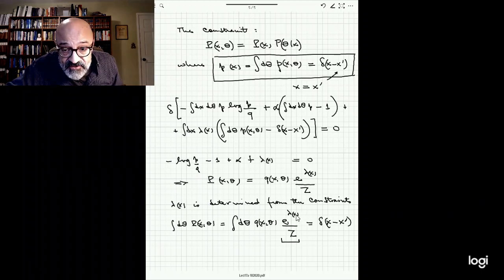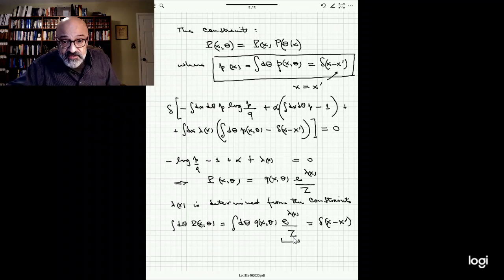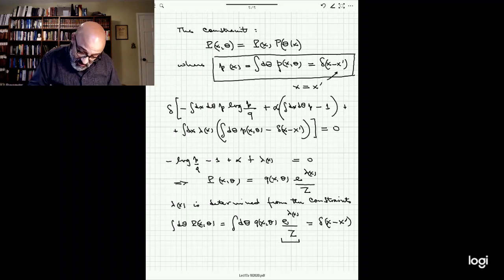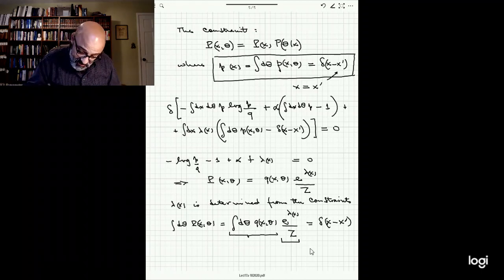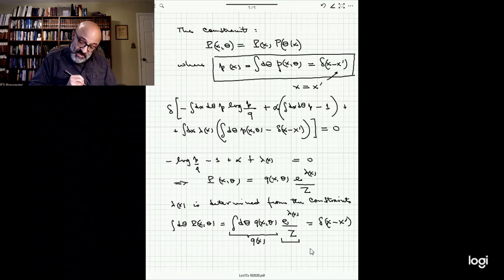Very good. When you look at something like what I have here, you see that this object is just a function of x. Z is a constant. There is no theta here. So the integral can be done. This guy here is just the prior, and you marginalize thetas, so this is just the prior probability for x.